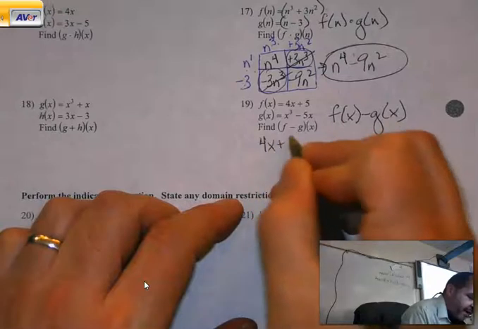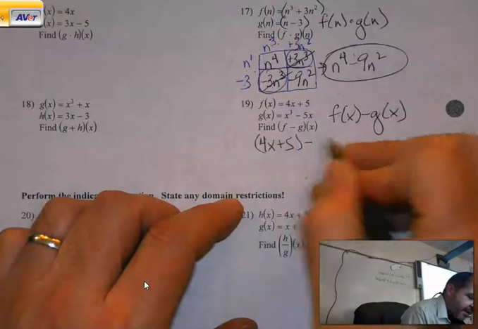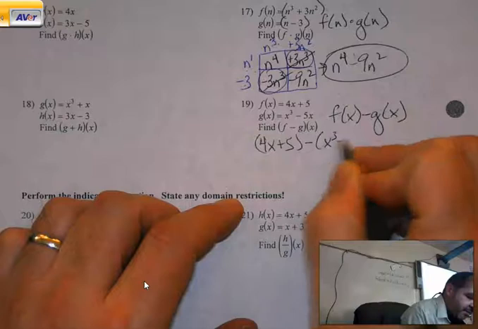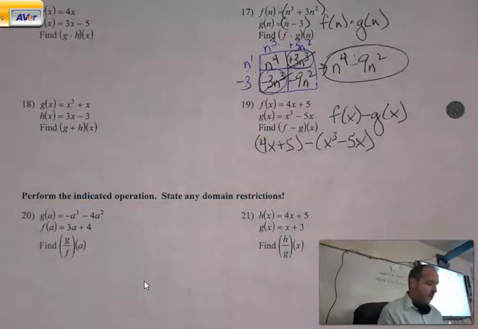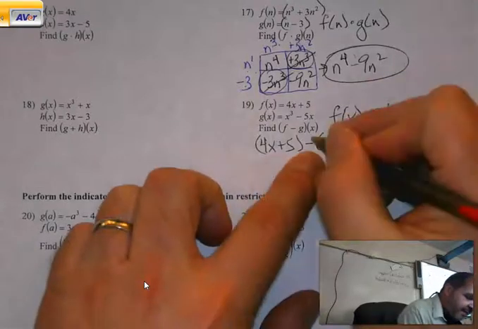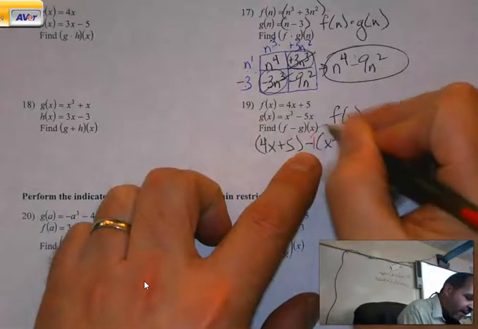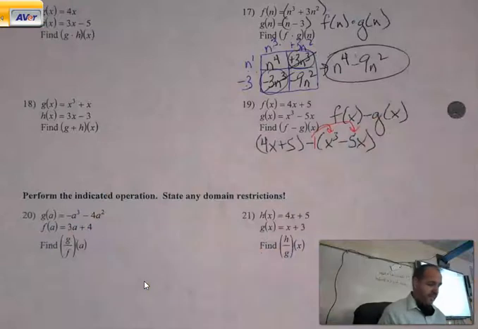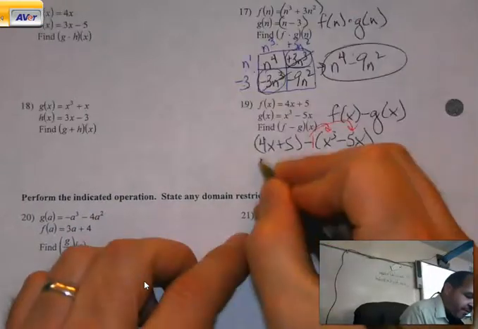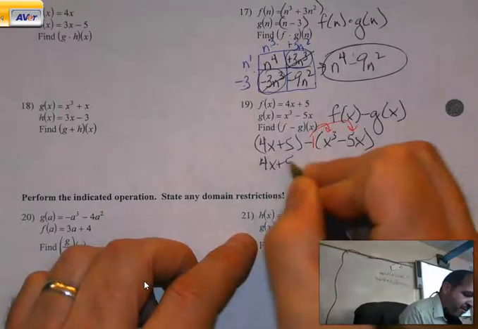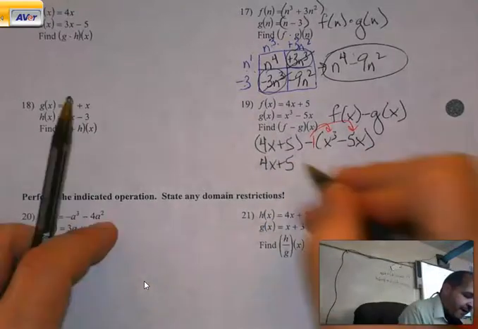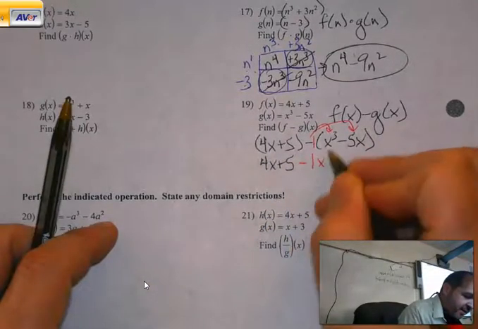F of x minus g of x. The only thing I'm going to have to do here, nothing here, but this negative is like a negative 1. It's going to change the signs on both of those. So this will become negative 1x to the third.